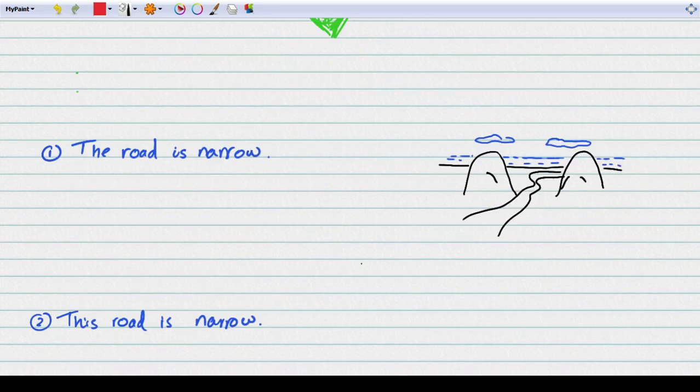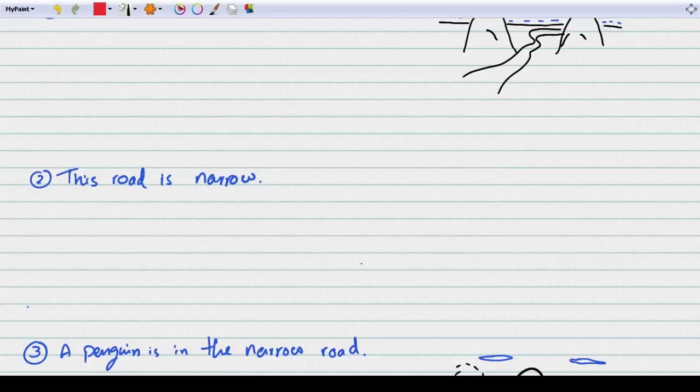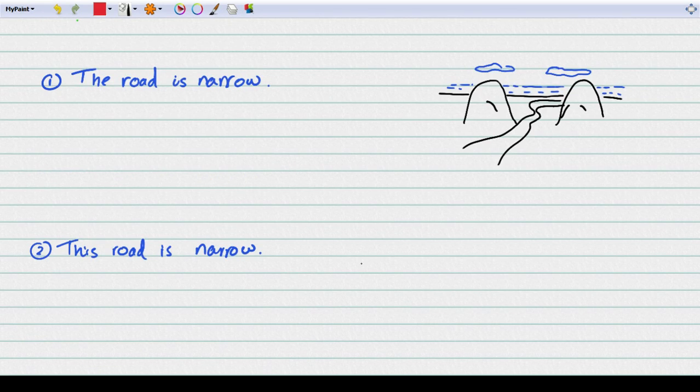So let us start. For the first example, let's start with something that we have been doing a lot in the previous lessons, and that's to just translate the normal sentence that starts with a noun. In this example, I'm going to translate the road is narrow.